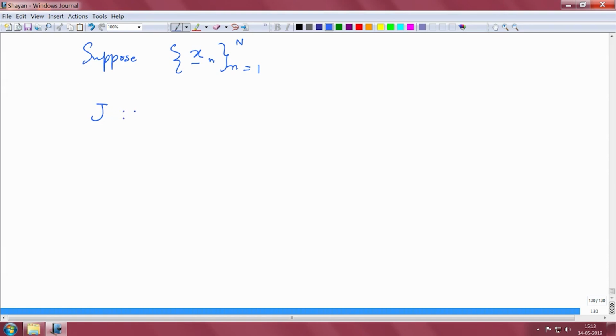This matrix, which is called the Jacobian matrix, is defined as follows. It is a partial derivative of the approximating function and the data point at time n with respect to the weight w i j.